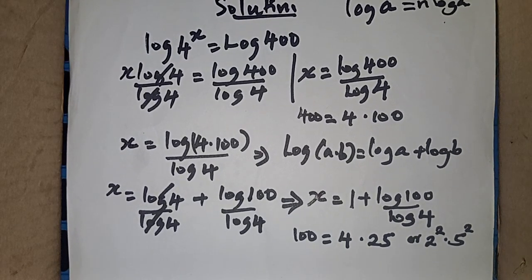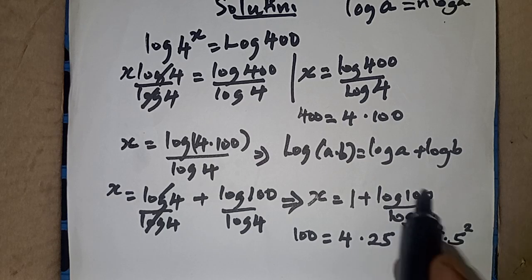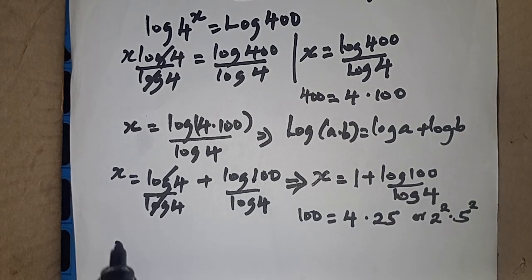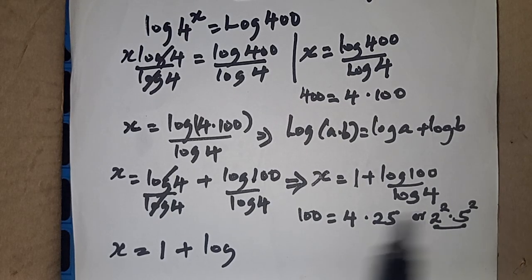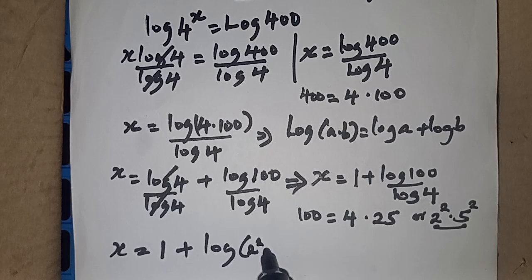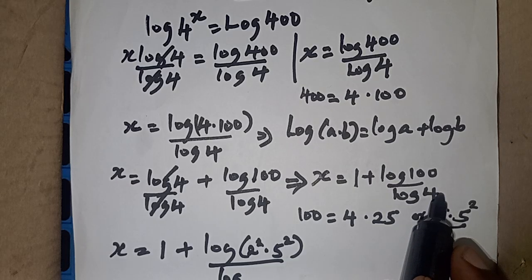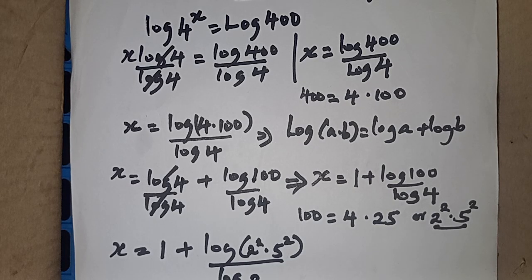So if I place it here, then the value of x now becomes 1 plus the log of 2 squared multiplied by 5 to the 2, divided by the log of, and this 4 I'll rewrite as 2 squared.